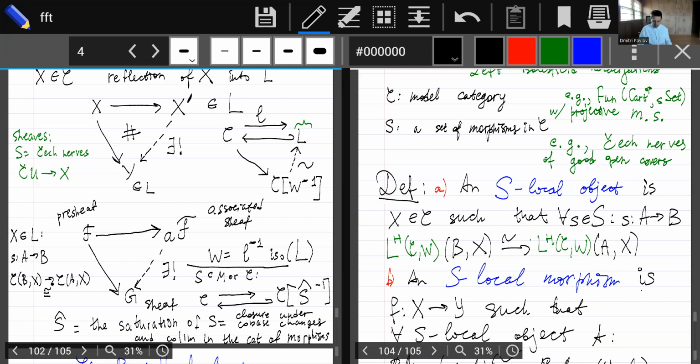So local objects in capital L, or the image of this inclusion if you prefer, are precisely those objects in C that see morphisms in S as isomorphisms, in the sense that mapping the domain and codomain of such a morphism into X produces an isomorphism.